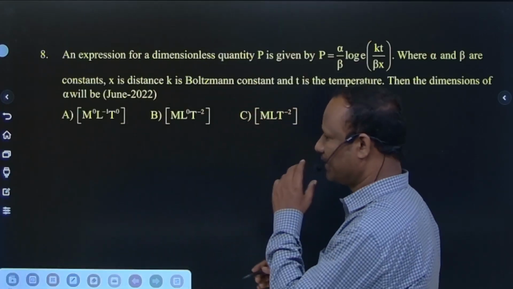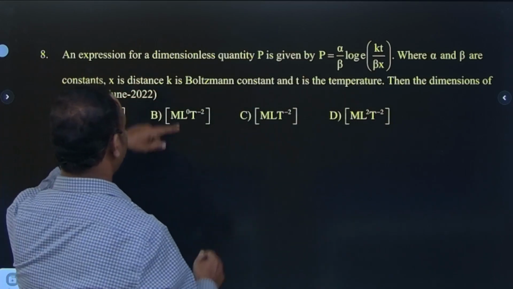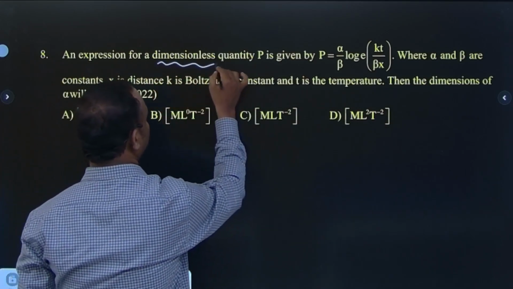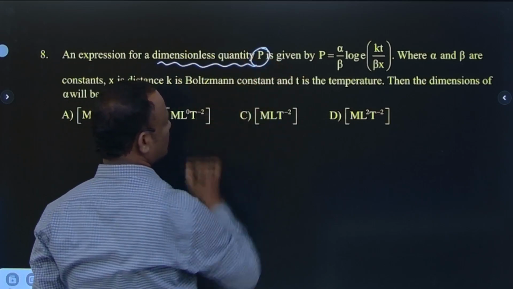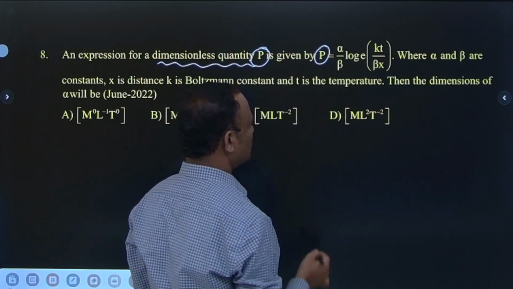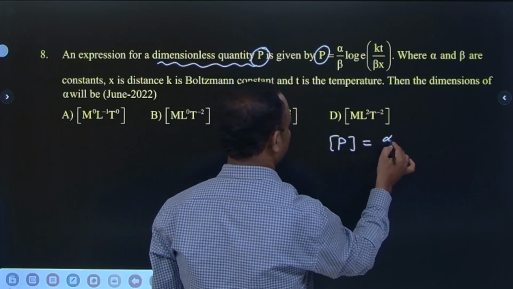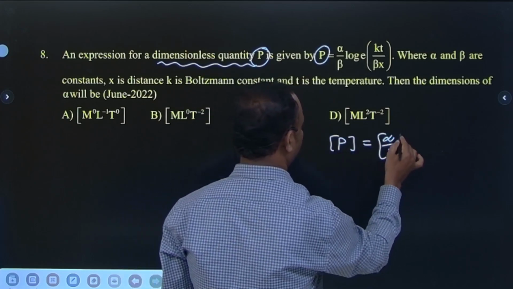The question is about the expression for the dimensional formula. It is a dimensionless quantity. P is a dimensionless quantity, so the dimensional formula of P must equal the dimensional formula of alpha by beta.